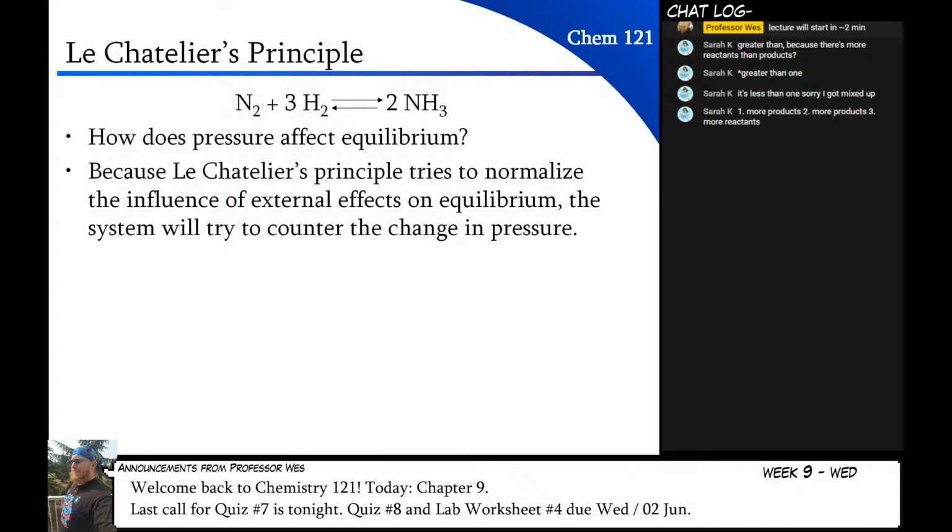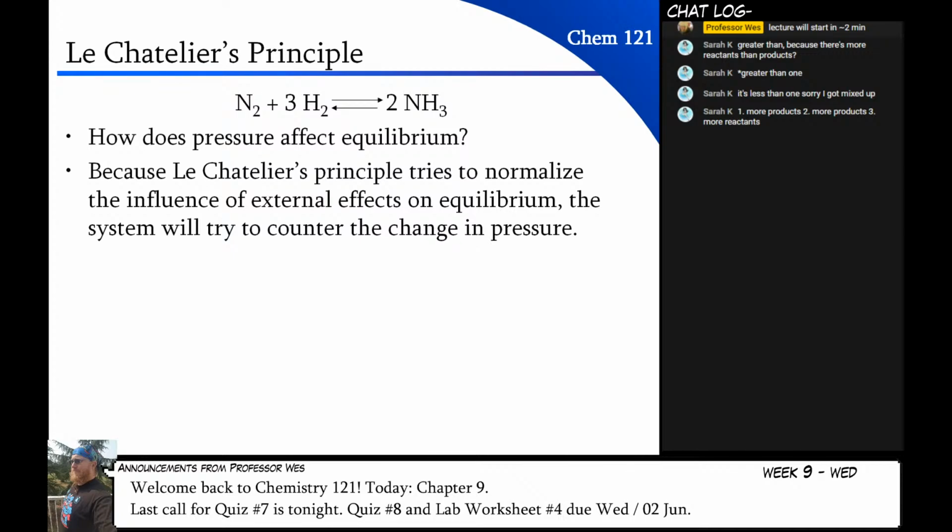So what ends up happening here is that if you change the pressure in a system, that will screw up your equilibrium too. And so the equilibrium of the reaction needs to be the same, right? We need to have the same value of the constant. So the system will move in a direction to try and counter the change in the pressure.